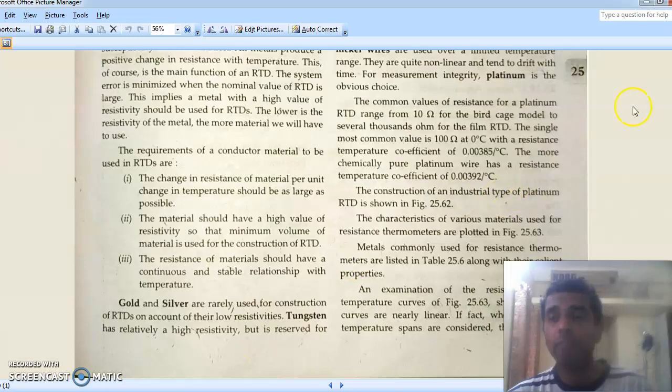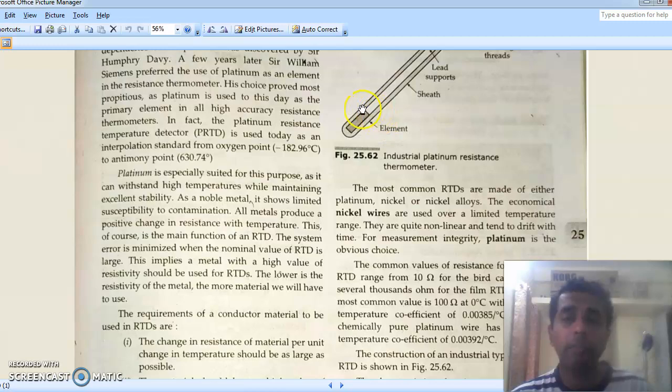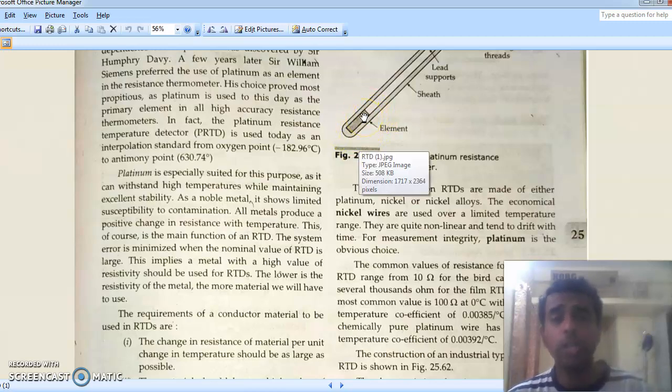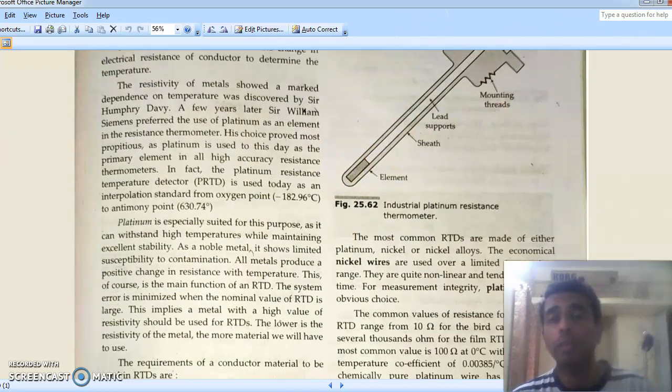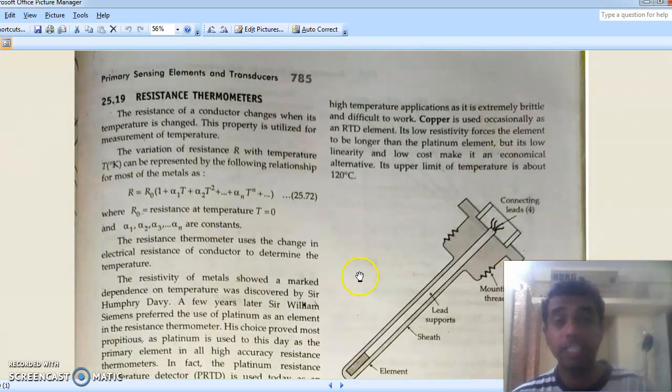So for a material having high resistivity, you can select a very short element, so it actually decreases the overall length of the resistance thermometer. So the highly resistive material will be very short in length, and that will overall reduce the shape and size of the resistance temperature thermometer.